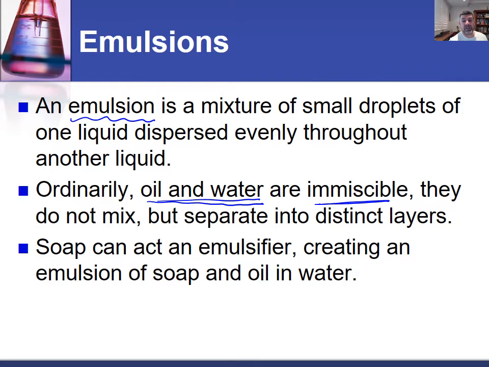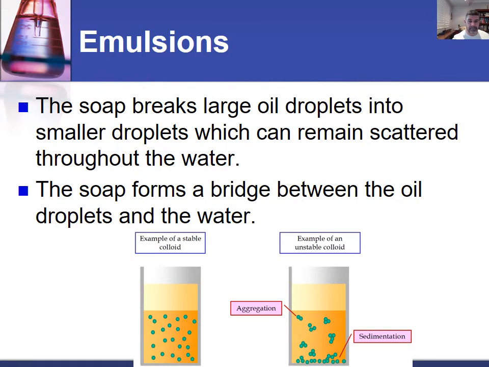Even after agitation, they would separate into distinct layers, with the less dense substance sitting on top of the more dense one. But what an emulsifier does, and soap is an example of an emulsifier, it creates an emulsion of soap and oil in water. So these three substances can all mix evenly together, and so they create a type of mixture which we call an emulsion.